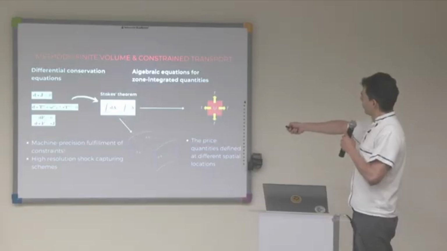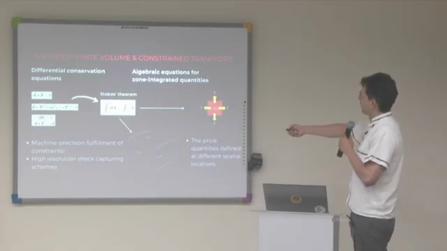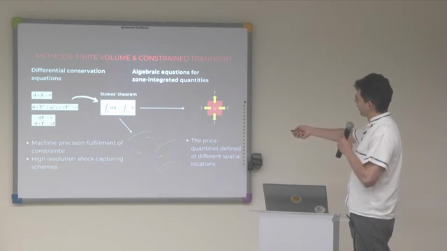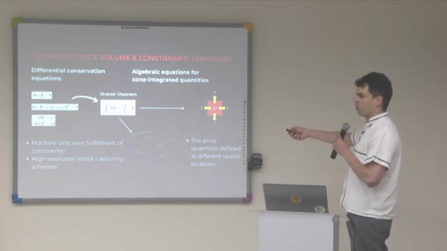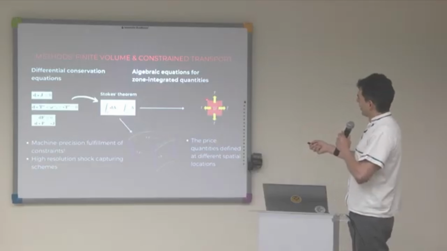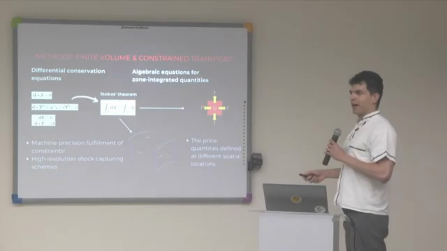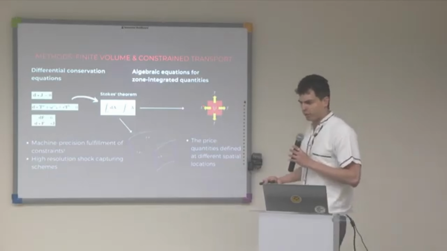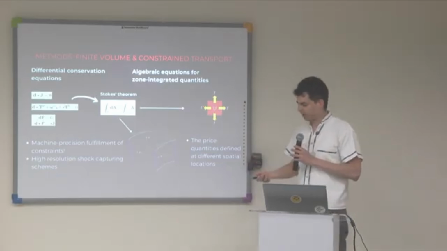But now we have obtained an evolution equation for the conserved quantity, and so far everything is exact. But what we're still missing is how to calculate these fluxes, and precisely in the way of calculating these fluxes is where approximations come in.